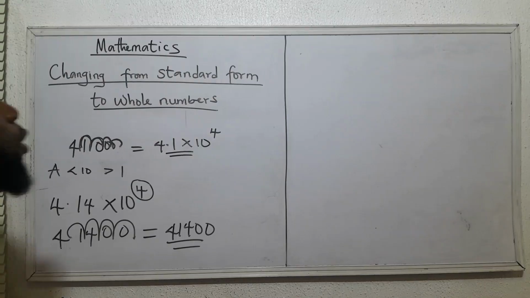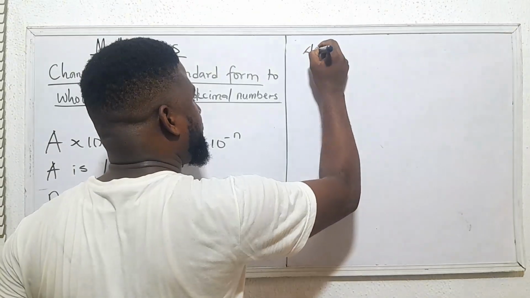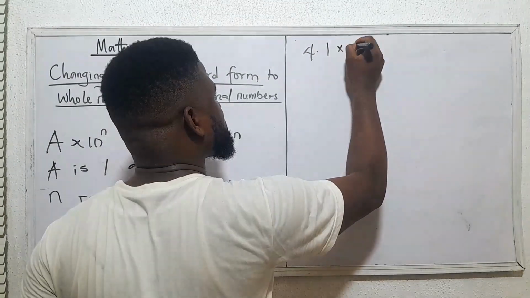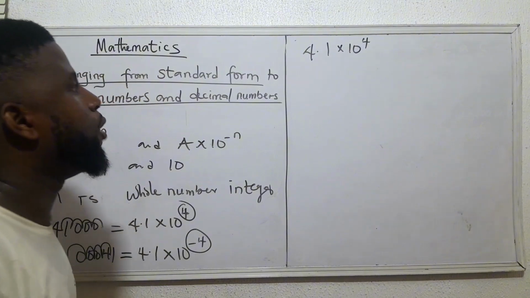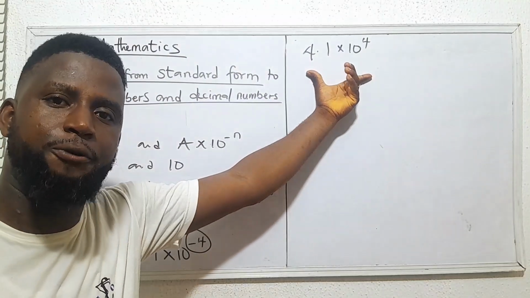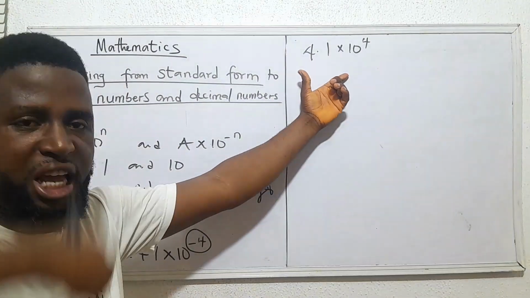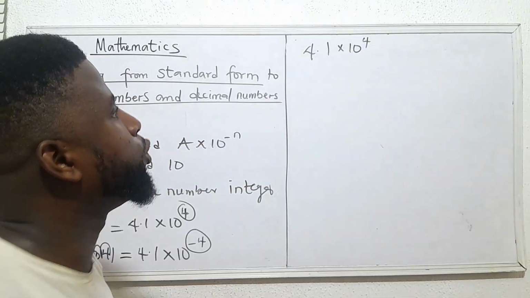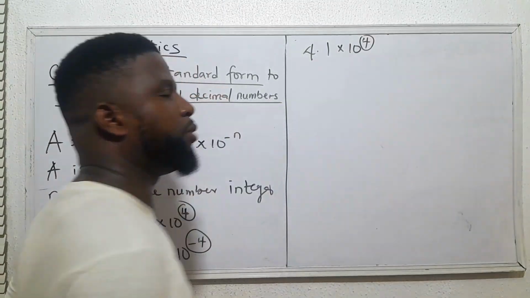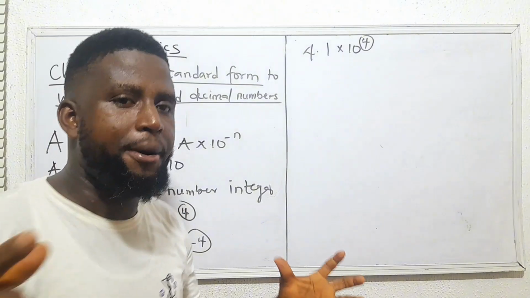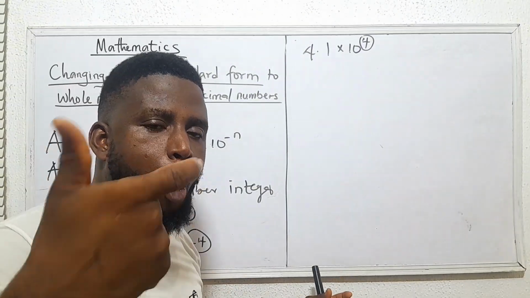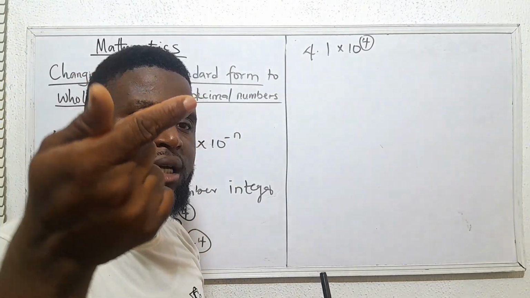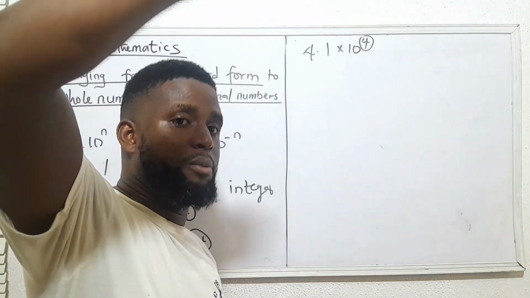Right? Now, what if we have, for example, 4.1 times 10 raised to the power 4. Now, this is already in standard form. We want to change it back to whole number. I know that I'm changing back to whole number because my n is positive. And remember, to change from whole number to standard form, the place of the decimal point is moving backward.